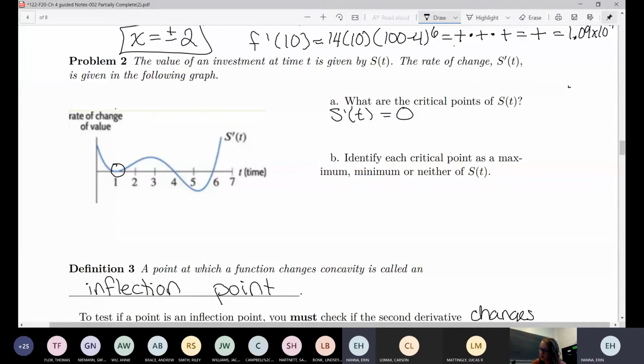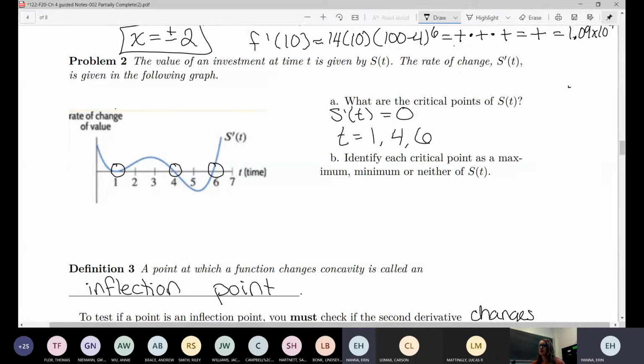So we have it here, here, right here, essentially where it touches the t-axis. So you'd get t equals 1, 4, and 6. Those would be our critical points.